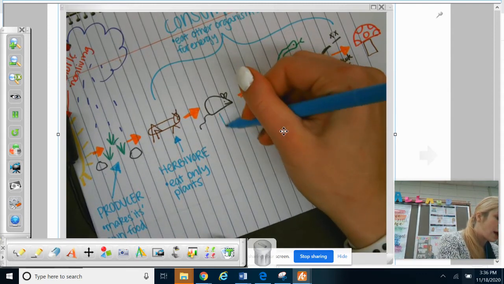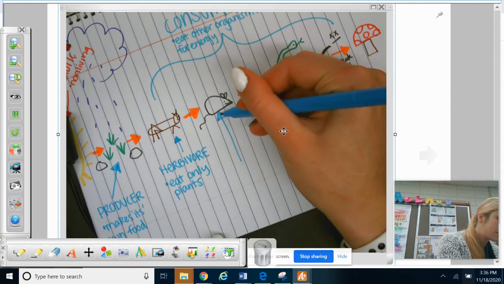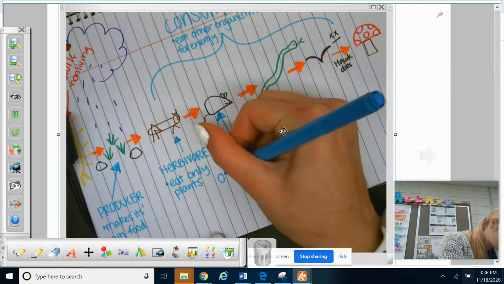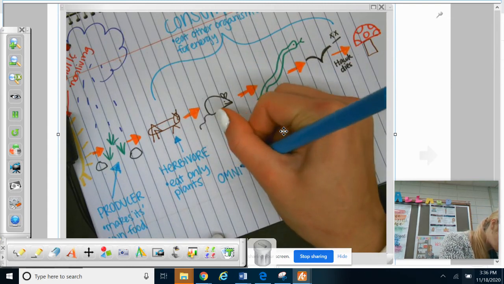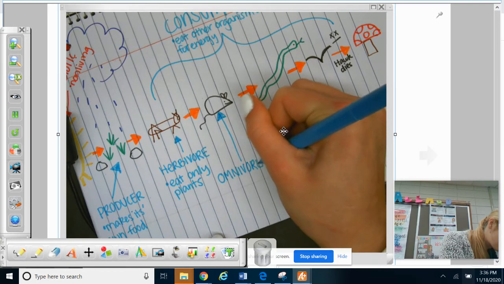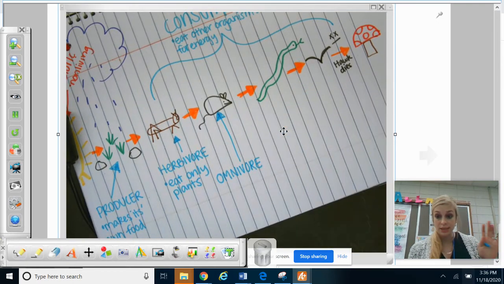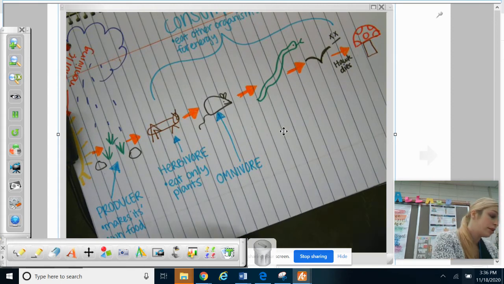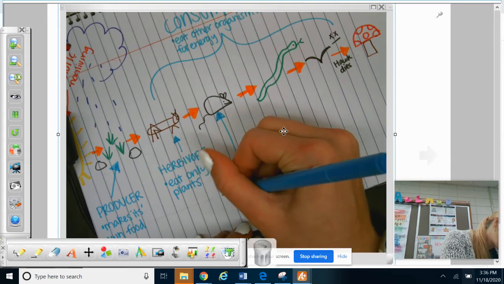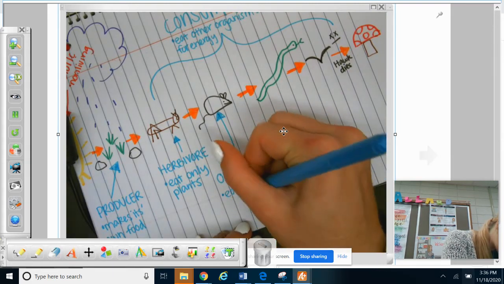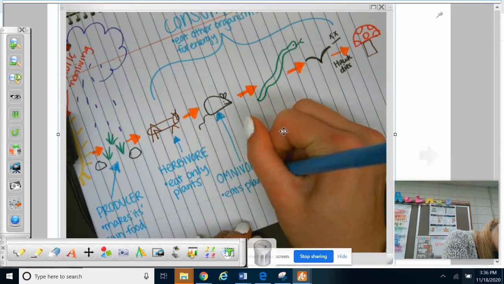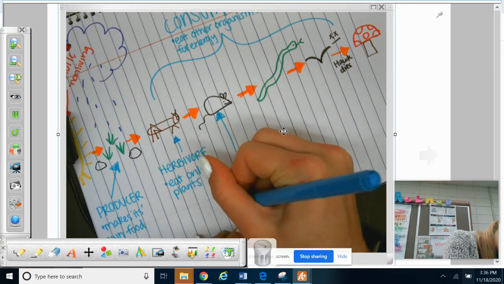So the word for that, which you should have learned last year, is called omnivore. Omni means everything. If you ever hear omni before something, it means everything. So it eats plants and animals.